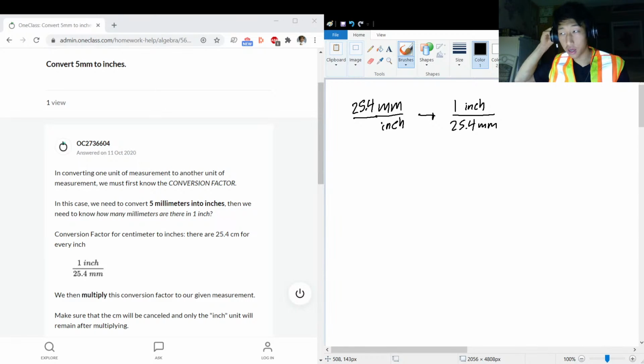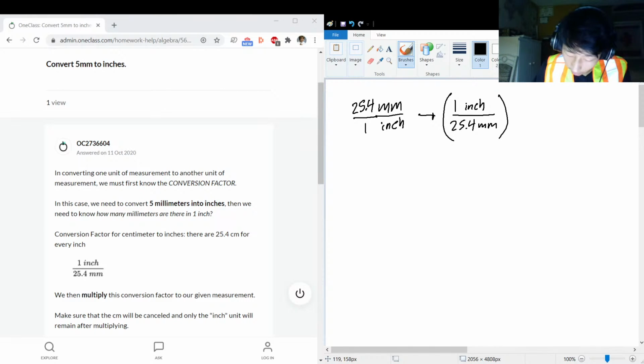Okay, now this is going to be very important, not only in math, but across many different subjects: being able to cancel out units. So let's say we multiply this, like we're trying to find our number of inches that is represented by 5 millimeters per 1 inch.